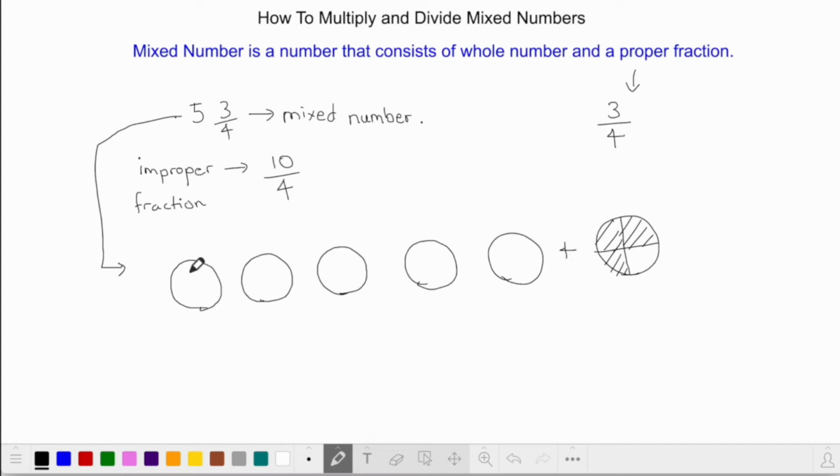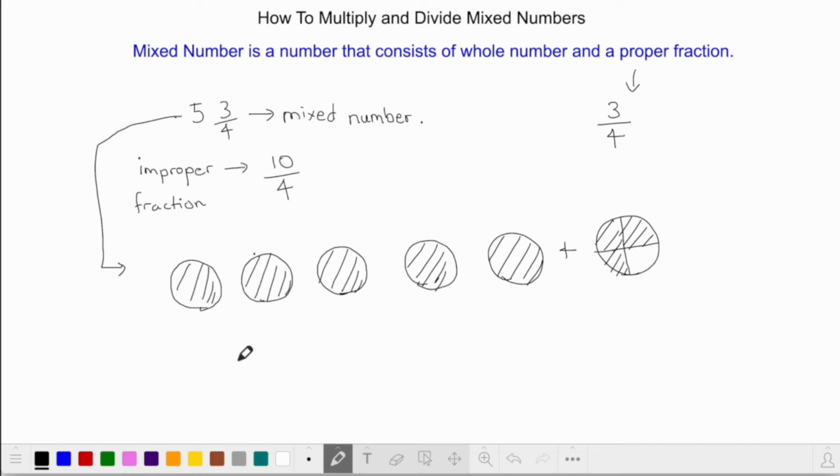So this visual represents 5 whole pizzas plus 3 slices out of 4. So that represents 5 3/4. I hope this example makes sense for you to understand mixed numbers.